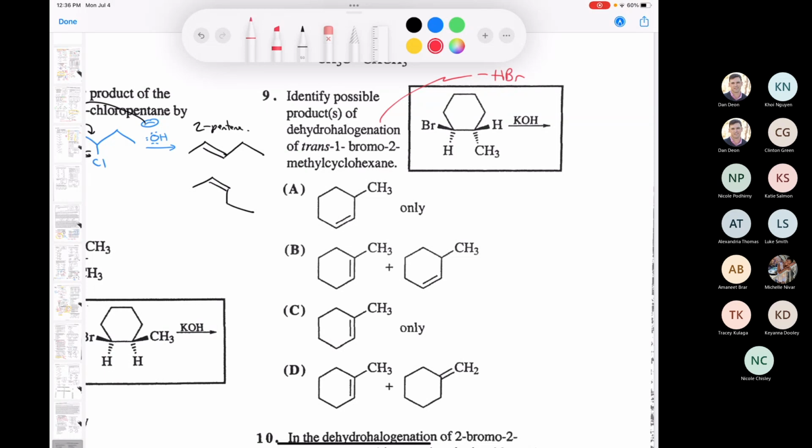And so let's figure it out. Does anybody remember what the requirement is for the proton being removed and the halogen being lost in an E2? What must their spatial relationship be? There's a word I use to describe it.